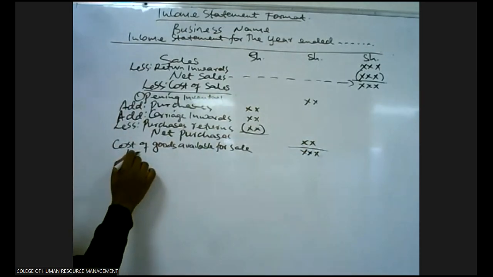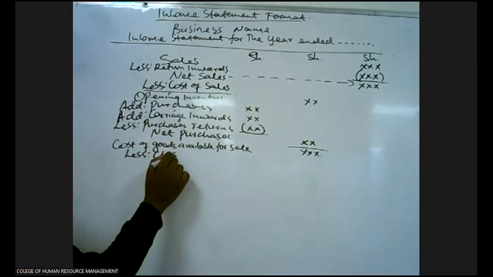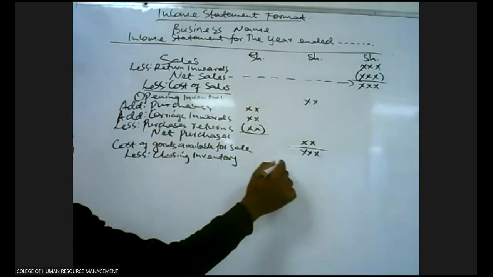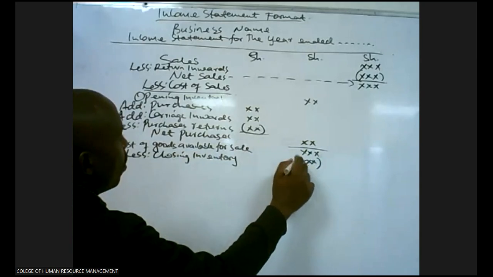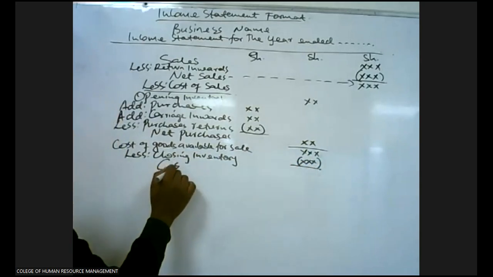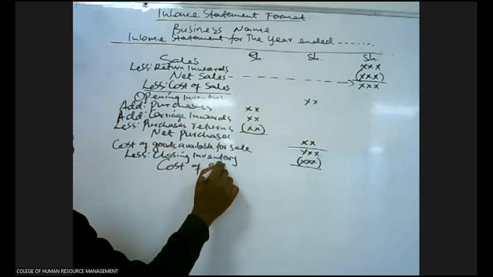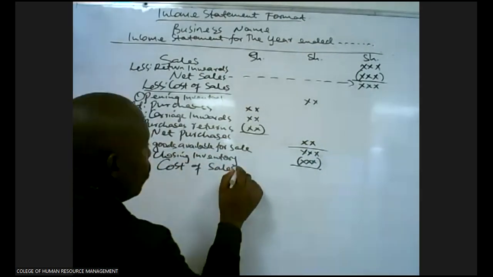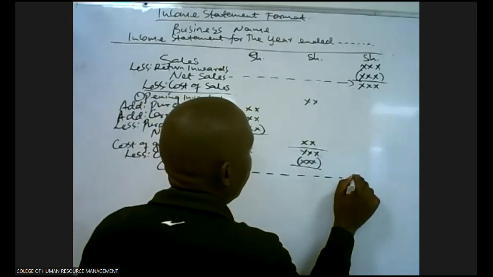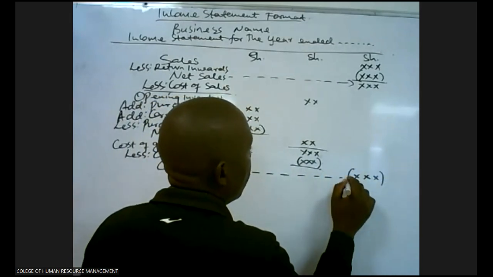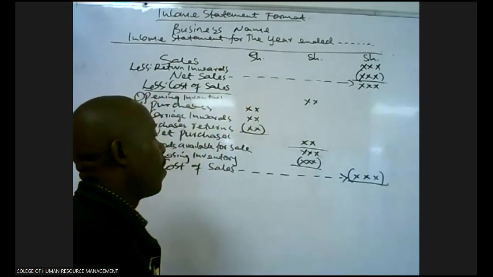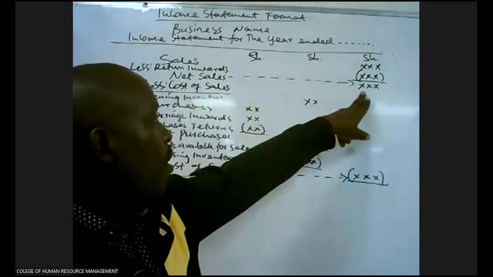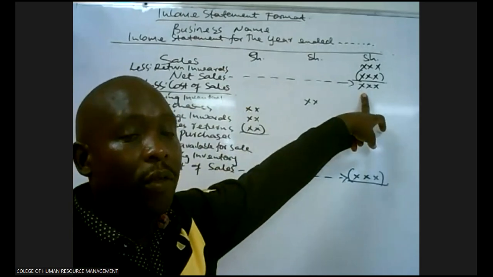Less closing stock, to get the cost of sales. You take it there. It should be in the line where you have your net sales, so that you can compare.